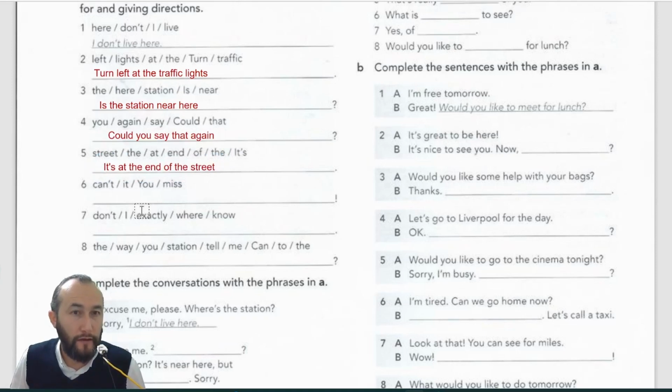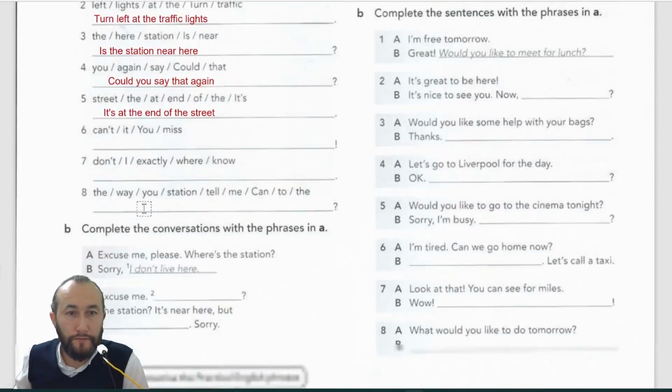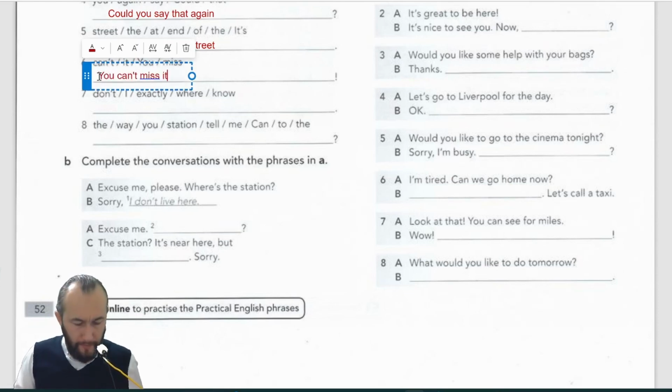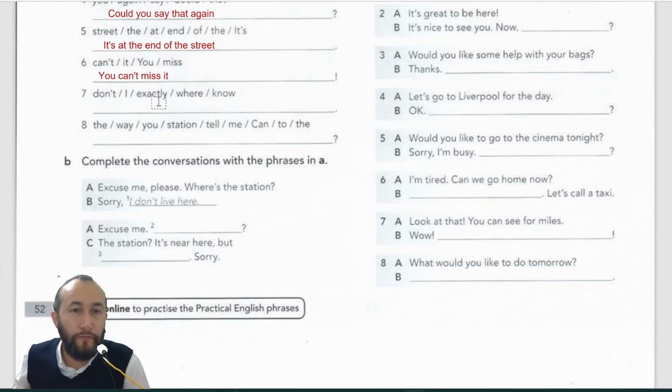Great. Number 6. So you can't miss it, right? You can't miss it. That means like it's so easy to find. You can't miss it. It's very clear and visible.